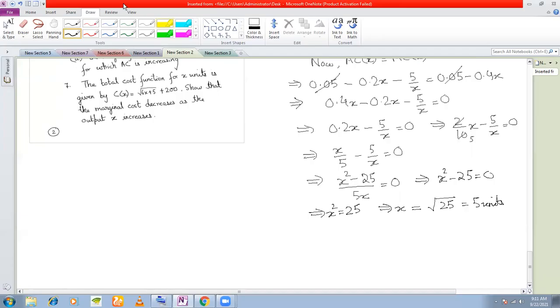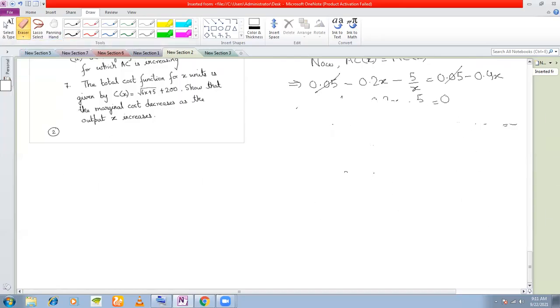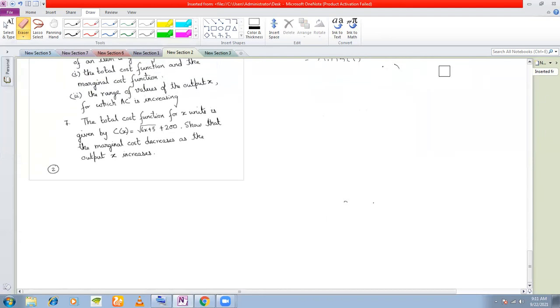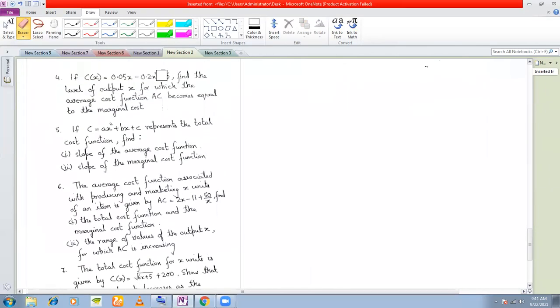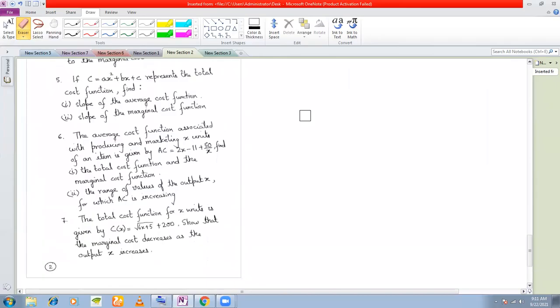Okay, let's move on to the next question then. Number 5. The question here is, if C is equal to ax square plus bx plus c represents the total cost function, find, first, the slope of the average cost function.